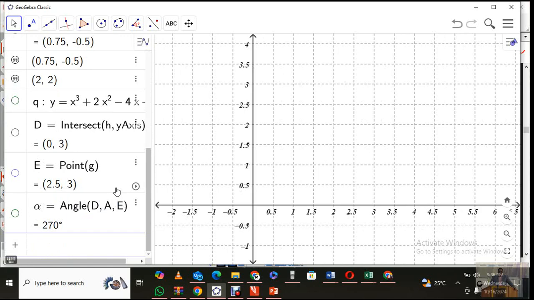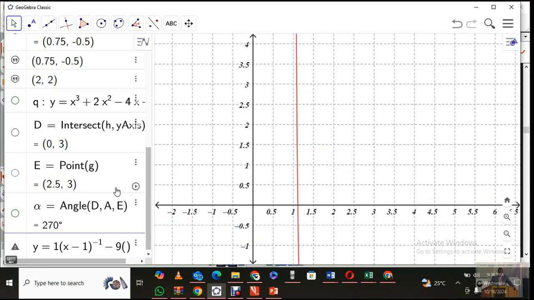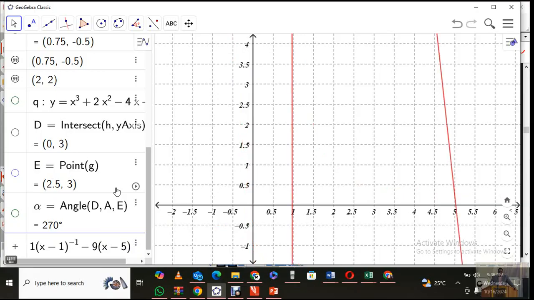Our function is y equals, we have 1 in brackets, you have (x minus 1) raised to the power of -1. Then it's going to be a discontinuous function. That means there's going to be a break somewhere in there because you have some denominator where the x is. Then -9, and then you have in brackets (x minus 5) raised to the power of just -1.